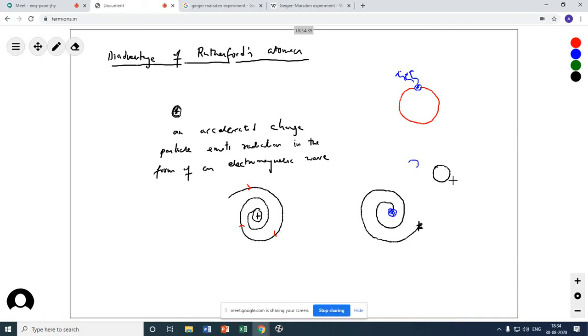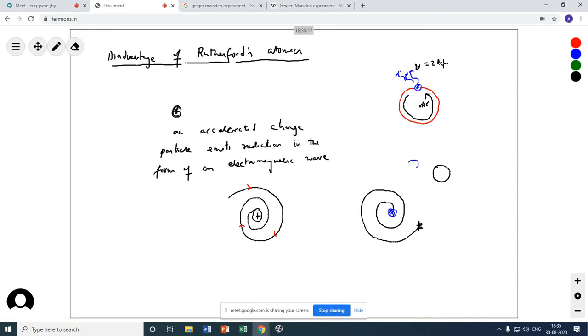Secondly, the frequency of the wave the electron releases is based on its rotation. If it is moving at 2 Hertz, this frequency will also be 2 Hertz. That means the spectrum should be a continuous spectrum. A spectrum is a systematic arrangement of electromagnetic waves, one after the other.